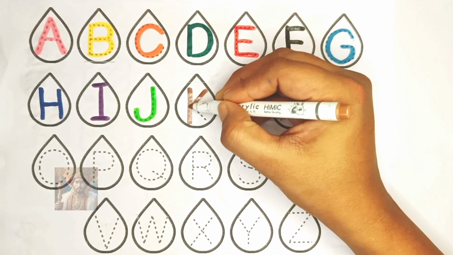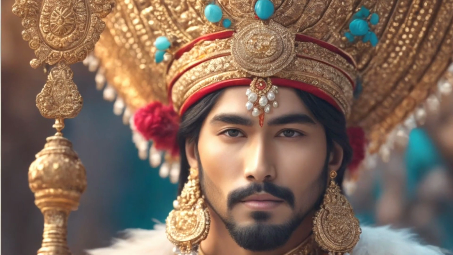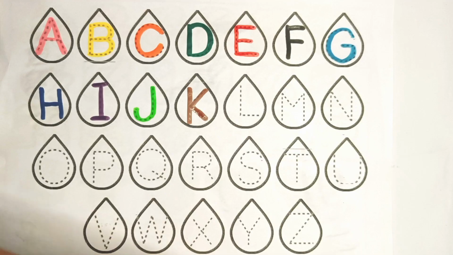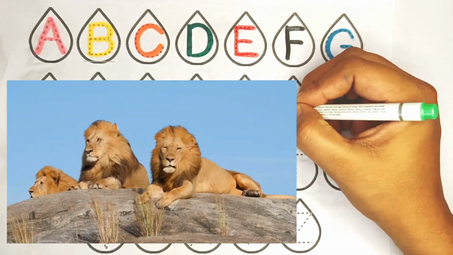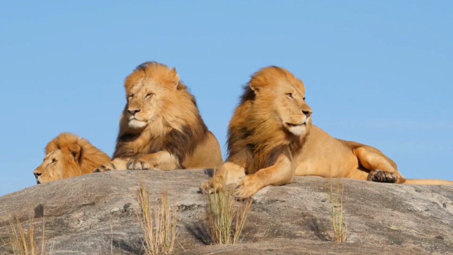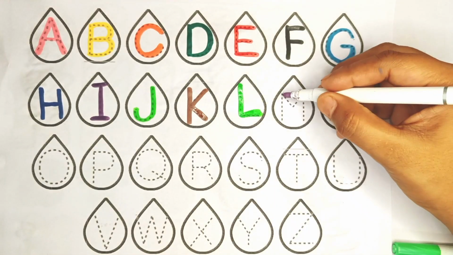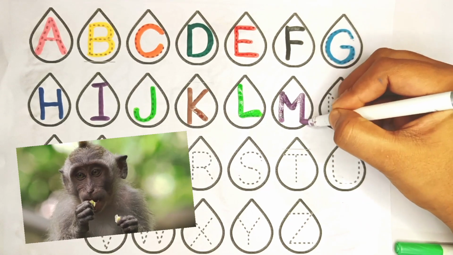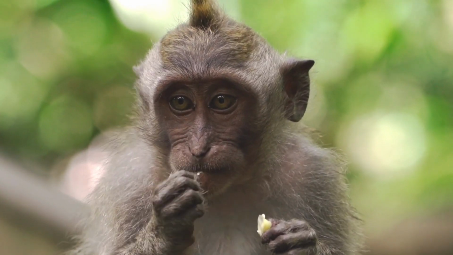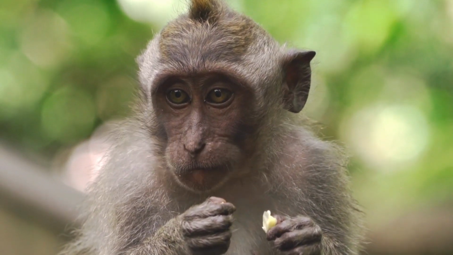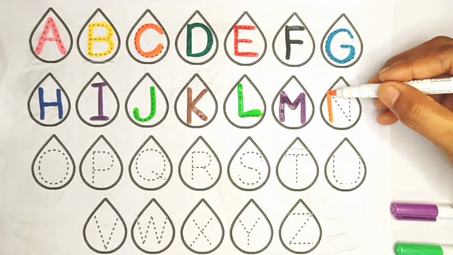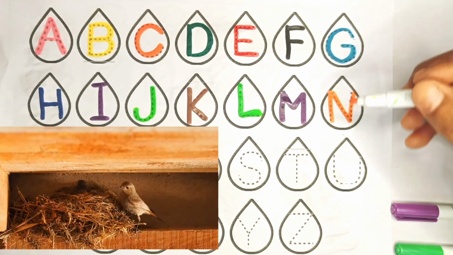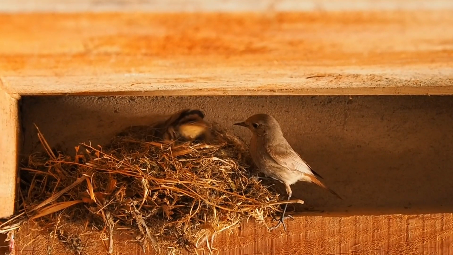K for king. L for lion. M for monkey. N for nest.